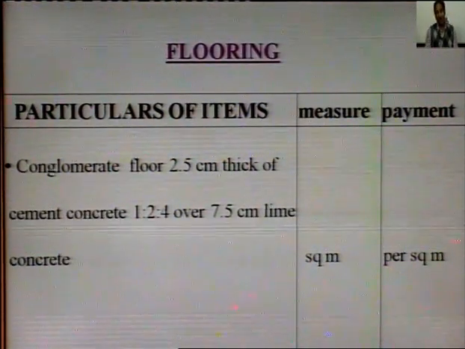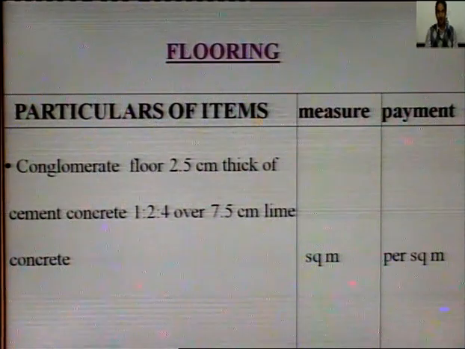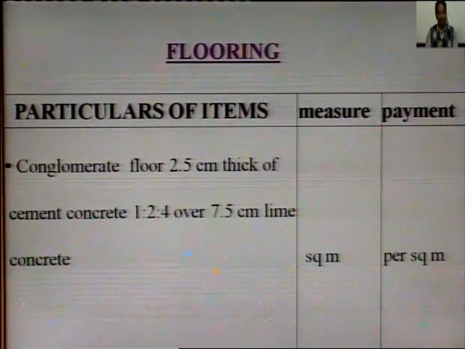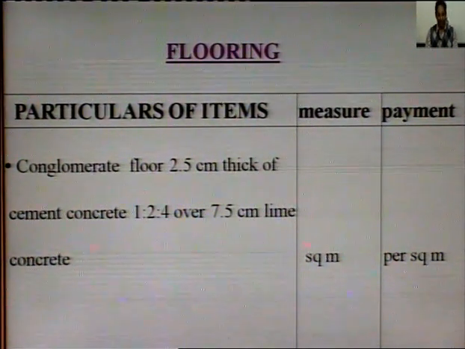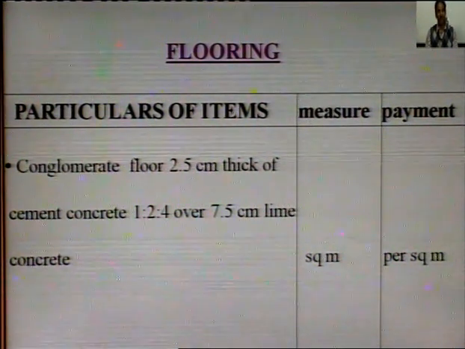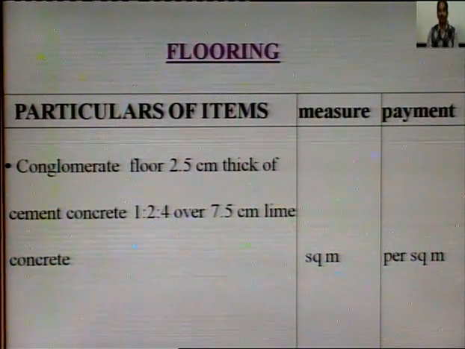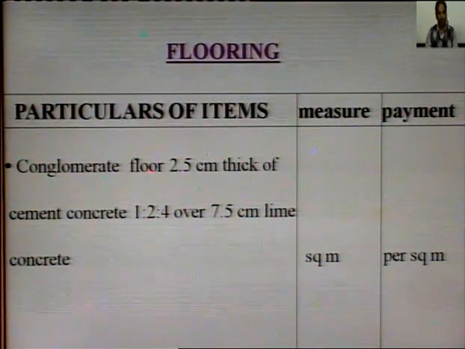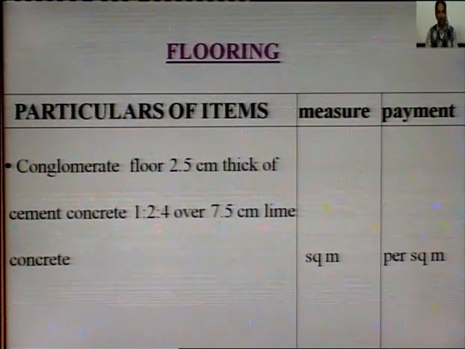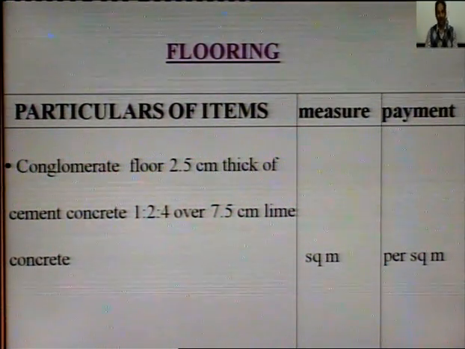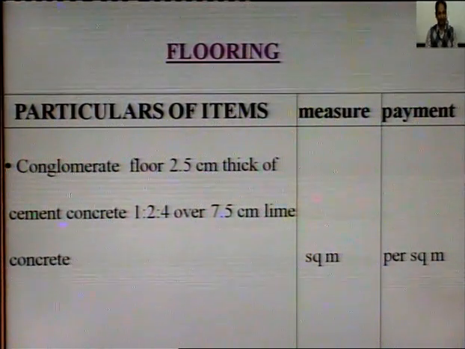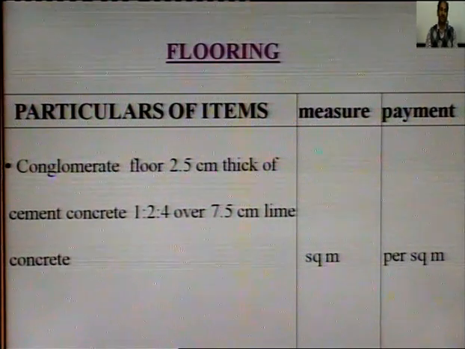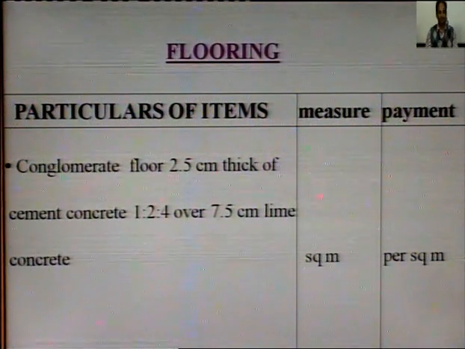And then comes flooring. So flooring means conglomerate floors where thickness is specified, 2.5 centimeter thick, which means 1 inch thick conglomerate floor, cement concrete in the ratio 1:2:4. 1:2:4 means 1 part is cement, 2 parts sand, 4 parts coarse aggregates, meaning Vajri is used in cement concrete.